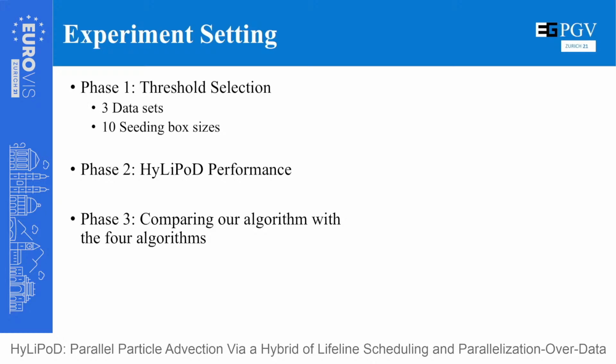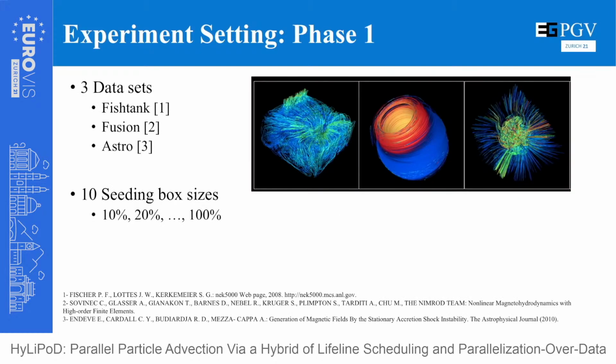For the first phase, we study 3 different data sets and 10 seeding box sizes. The datasets we considered for the first phase are Fish Tank, Fusion, and Astro. We considered 10 seeding boxes starting from 10% all the way to 100%.